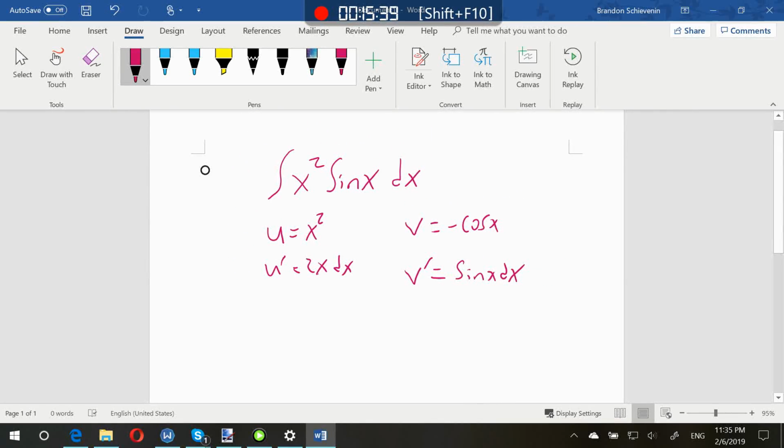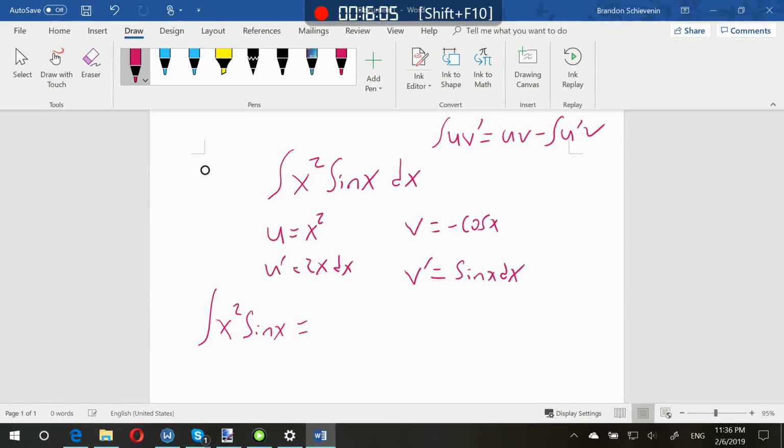write my formula again. The integral of uv prime is equal to uv minus the integral of u prime v. Oops, just made a mistake. I'm writing my original problem.